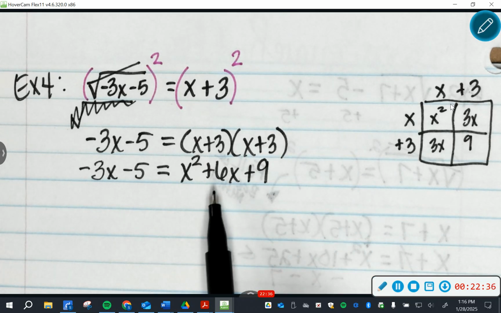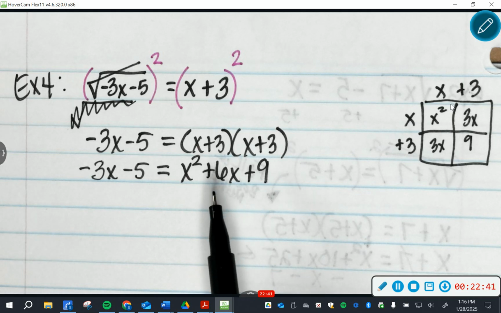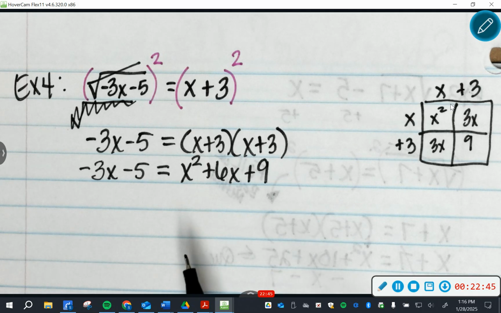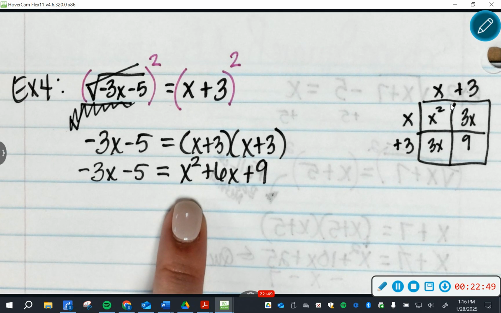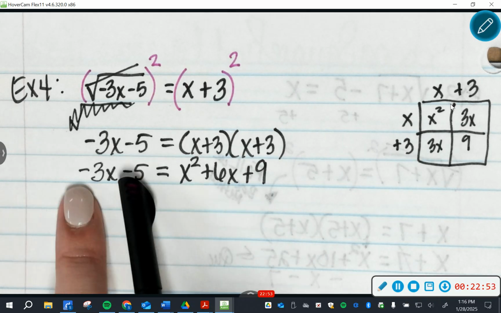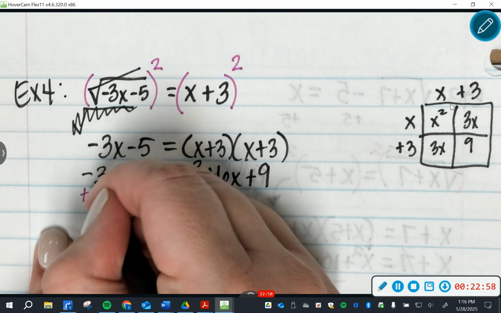Okay, we get x squared plus 6x plus 9. That's quadratic, so we need it equal to 0, right? Quadratic means everything goes on the same side as the x squared, so these things need to go. Opposite of a minus 3x will be a plus 3x.